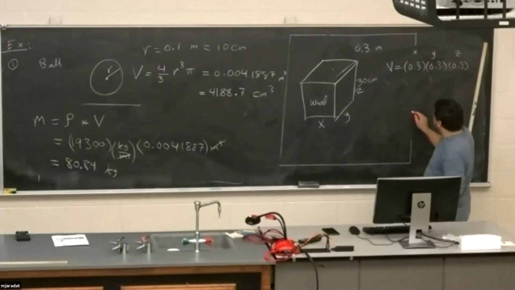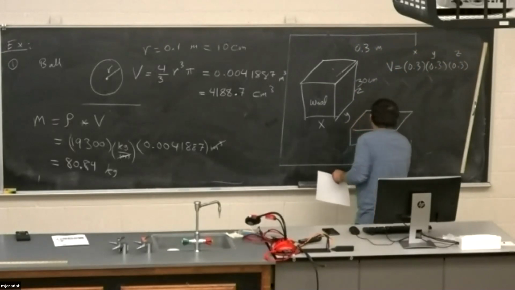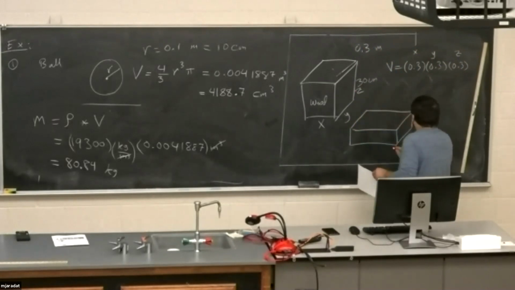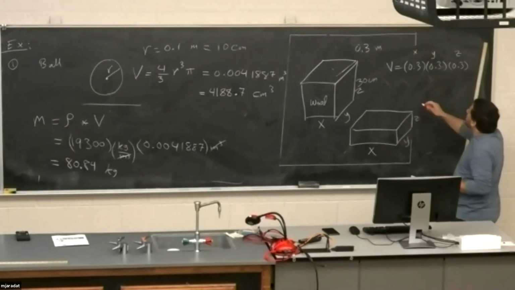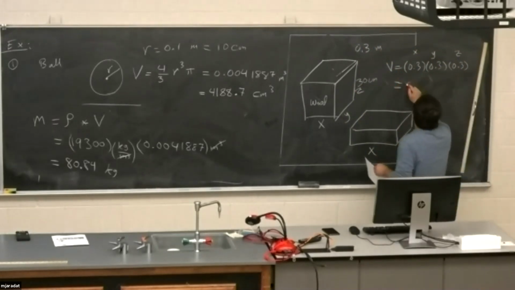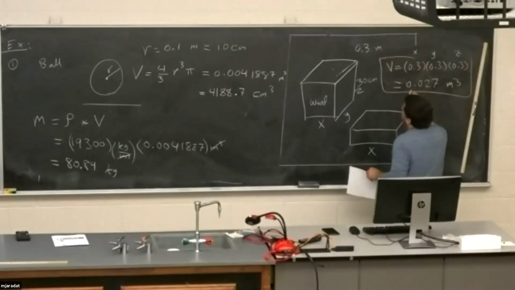If we have a shape which is not a cube, and this is x, this is y, this is z, then multiply them together, you will have the volume. This will give us 0.027 meter cubed. This is the volume.